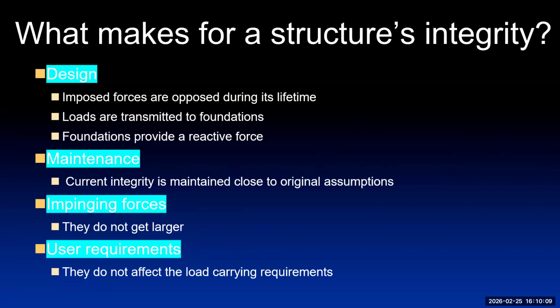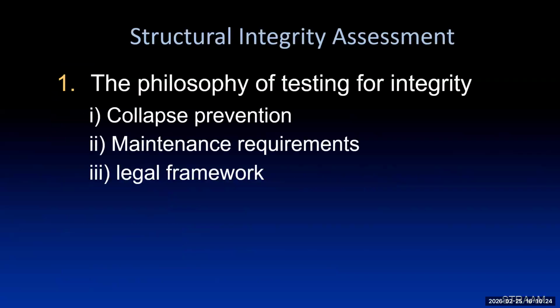Then user requirements, and that they don't affect the load-carrying requirements. For instance, the user may put added equipment into the building, and that can adjust the structure's integrity. So the philosophy of testing for integrity is: 1, collapse prevention, 2, maintenance requirements, and 3, the legal framework. And we'll cover each of these.